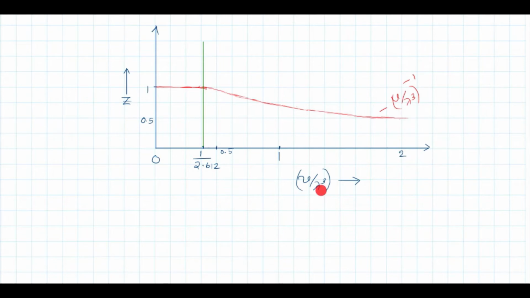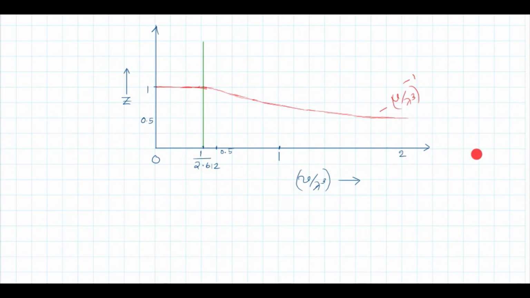Now, in the limit V by lambda cube much greater than 1, that is T tends to infinity, in that range this Z value is V by lambda cube raised to minus 1. That is, when V by lambda cube is 2, Z value will be 0.5.